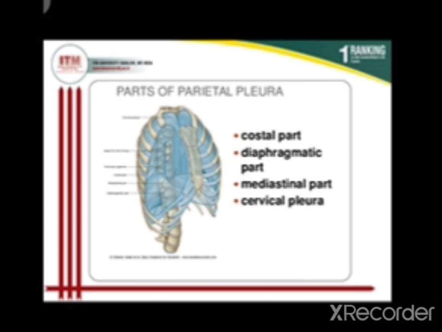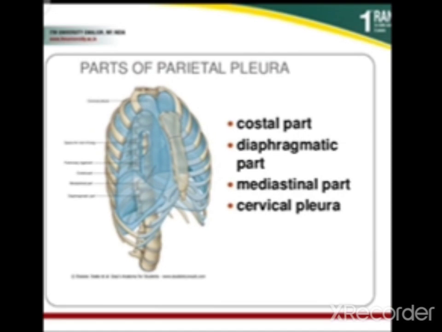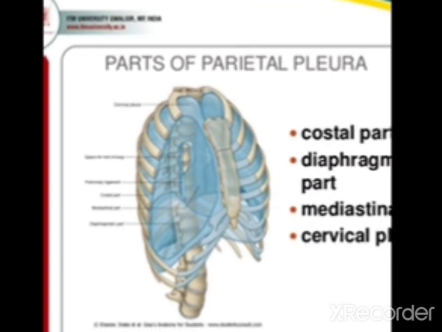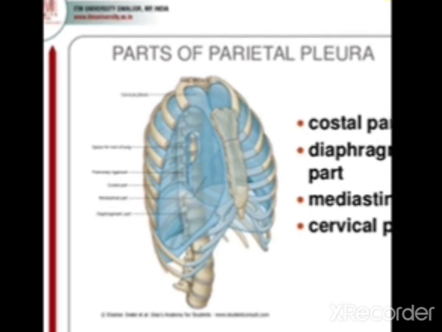As you can see in this picture, this thin blue film is the parietal pleura, which is covering the inner surface of the thoracic wall, and its various parts also. You can see here the costal part, which is covering the ribs.